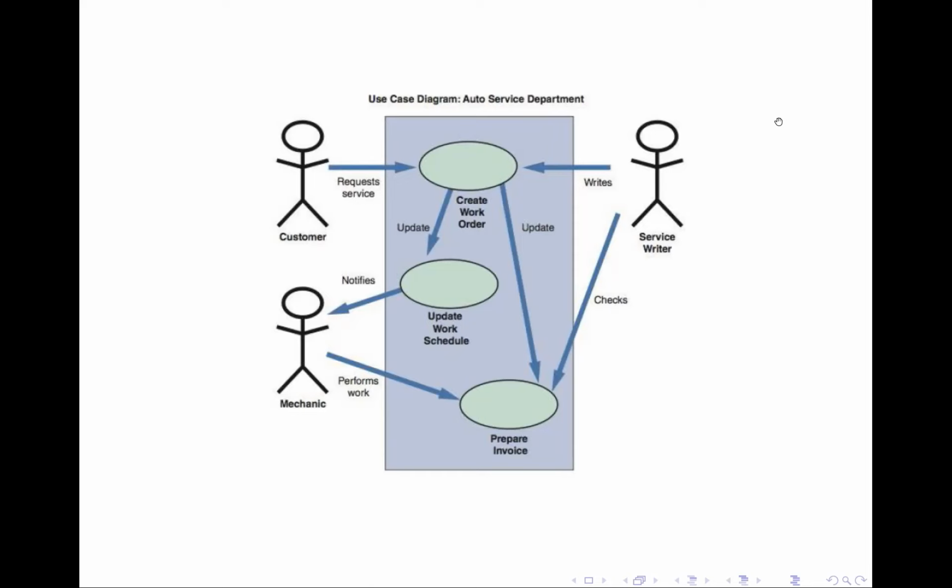In this particular case, we have three use cases: create work order, update work schedule, and prepare invoice. And then we need to identify the actors as stick figures: customer, service writer, and mechanic. Finally, the relationships. So that's how the order should be when you're drawing the use case diagram.